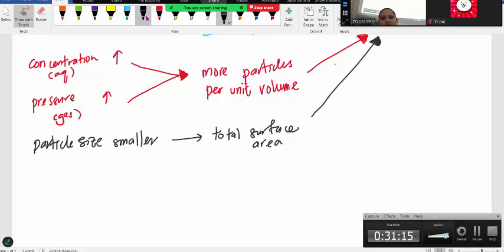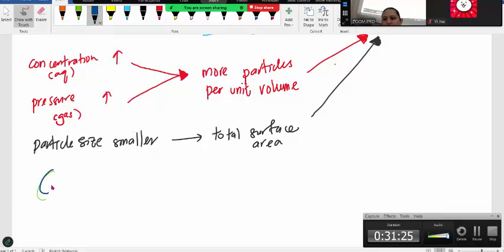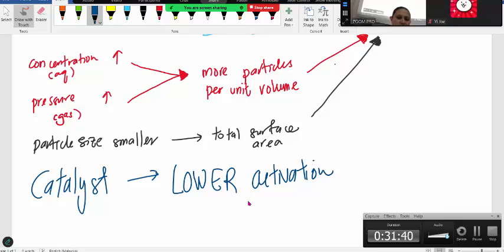When you have a catalyst, this is the last one. A catalyst is the only one that can lower activation energy.